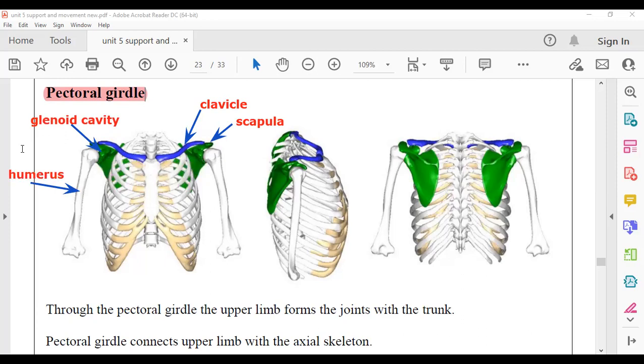Humerus bone. It is our upper arm. Humerus bone articulates with the glenoid cavity. Glenoid cavity is situated in the scapula. So we can say the upper limb is articulating with the pectoral girdle.